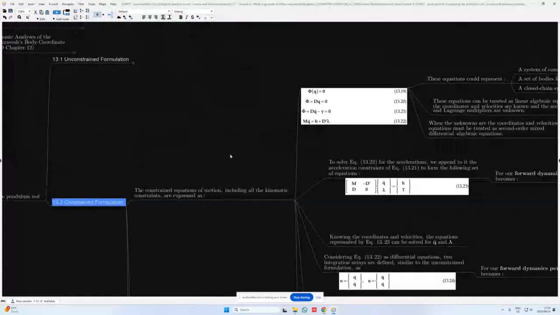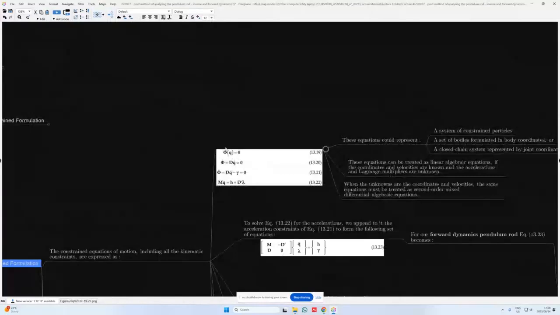The constrained equations of motion should also look quite familiar to you, and you'll remember that we looked at the derivation of these equations in light of the pendulum rod. We firstly have our constraint evaluation over here in equation 1319. That is simply denoted as phi as a function of q equal to 0.